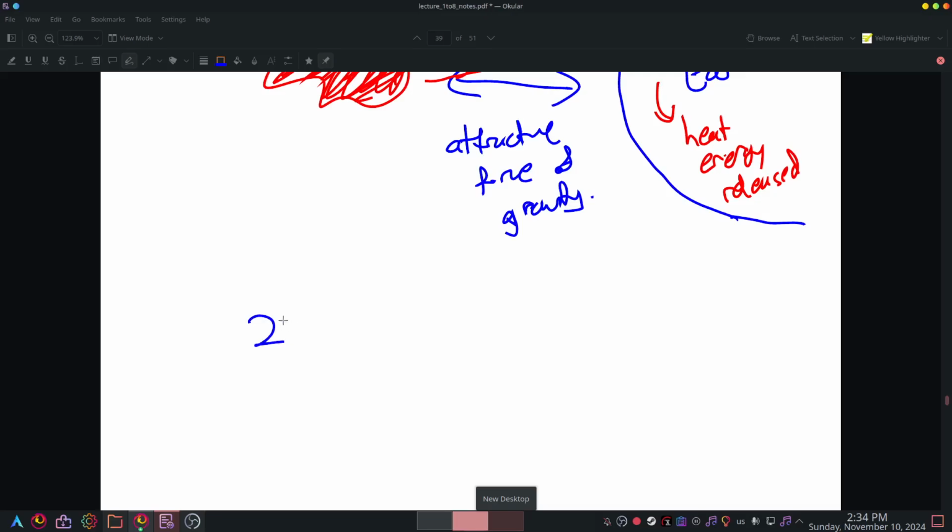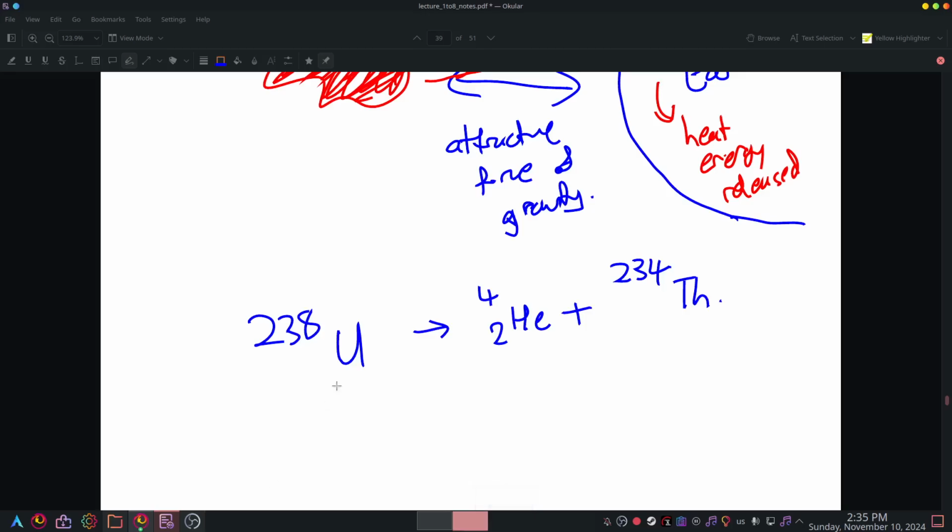Let's say you have uranium-238 and it undergoes what we usually call alpha decay. Alpha particle means it's a helium particle and it will be released out, and you will get thorium-234.